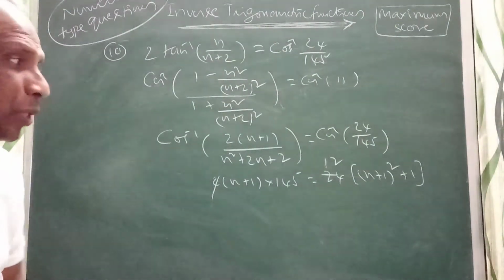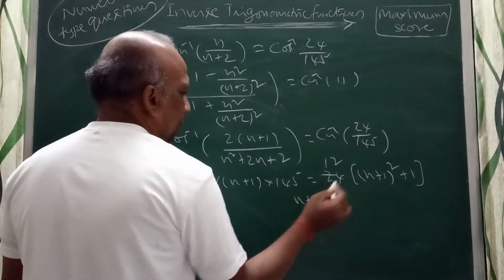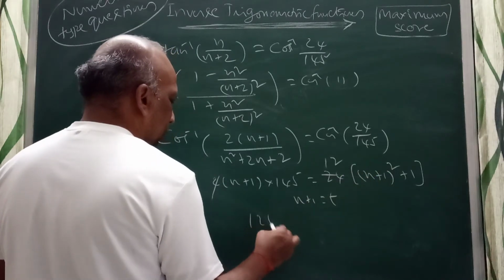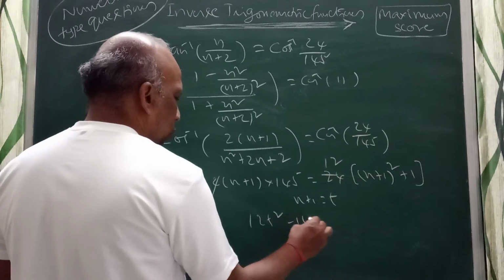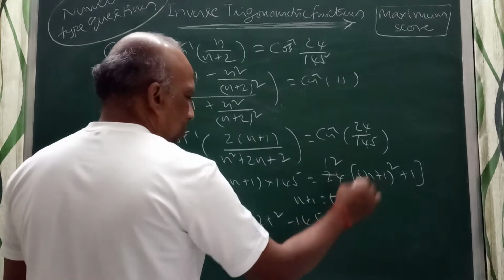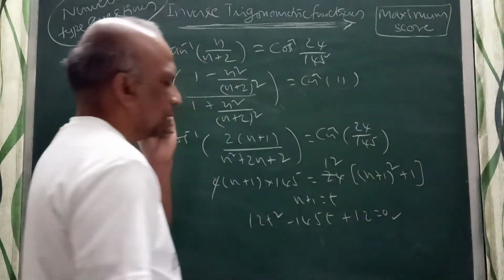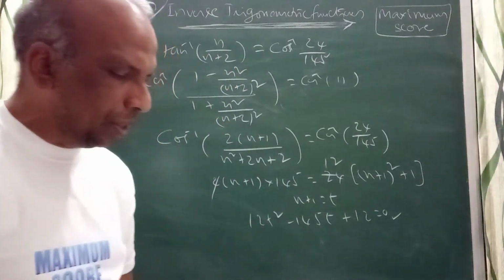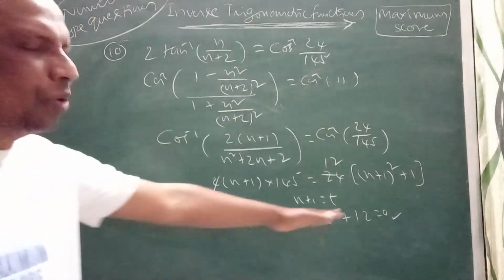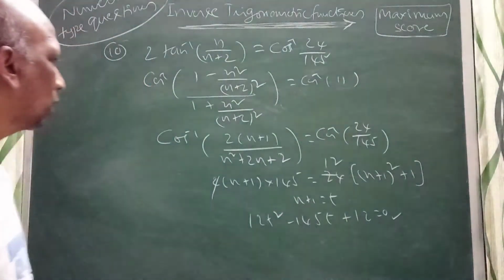For my convenience, we take n plus 1 equal to some t. This will become 12t square minus 145t plus 12 equal to 0. Correct? The equation will come like this: 12t square minus 145t plus 12 equal to 0. Find the factors of this, 144, it will come, right?